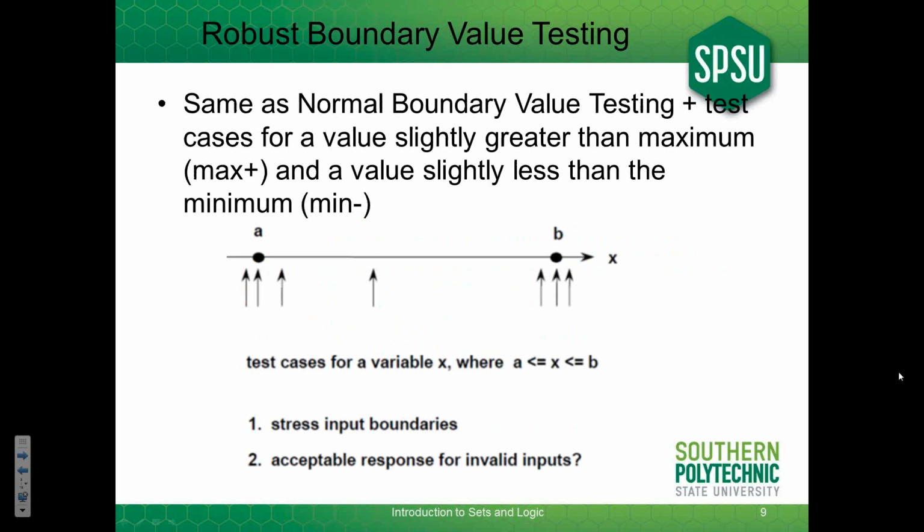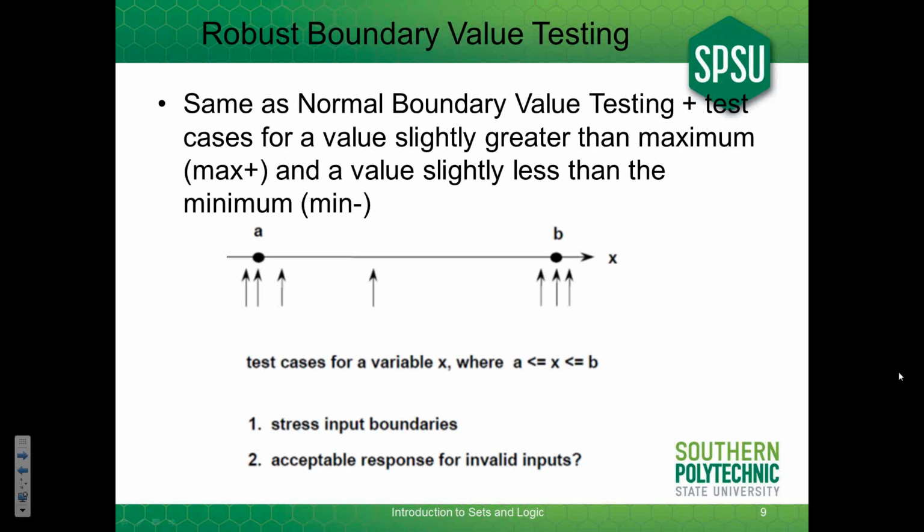So now we are basically addressing some of these situations that we ignored at the beginning, like for the normal testing, we didn't look at the invalid values. Now we are looking at the invalid values. So in the case of robust boundary value testing, that's the same as the normal boundary value.